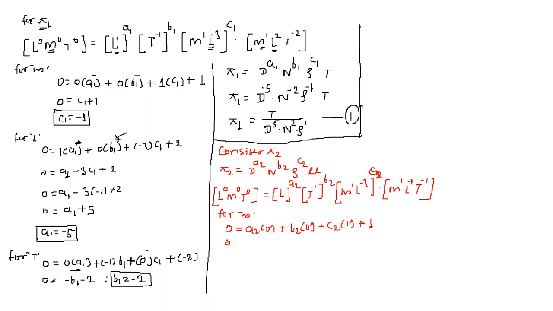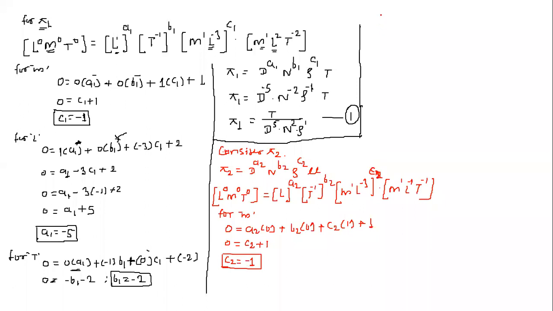That is 0 is equal to c2 plus 1, that is c2 is equal to -1. So after getting the value of the constant c2, now we'll go for b2 and a2.